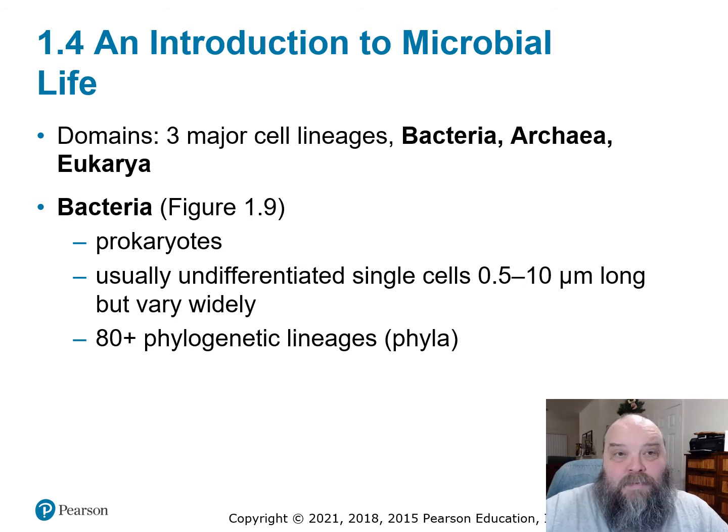Why not an exact number? Well, because we're finding new ones all the time. Not only are we finding new species, we're finding new lineages of those species within the Linnaean lineages. Because remember the Linnaean model of how to set things up: kingdom, phylum, class, order, all of that still applies to our friends, the prokaryotes.